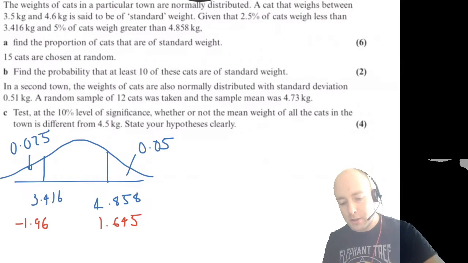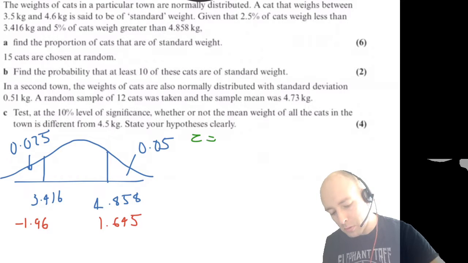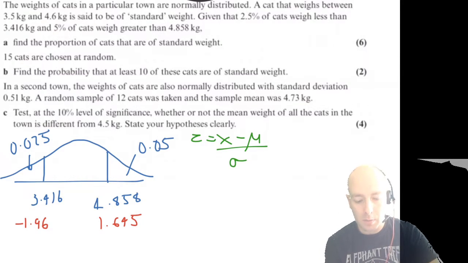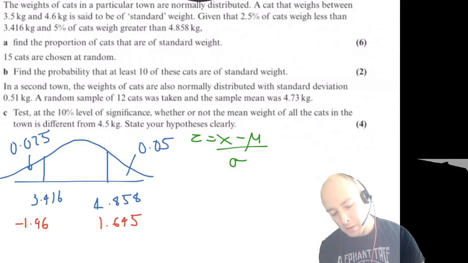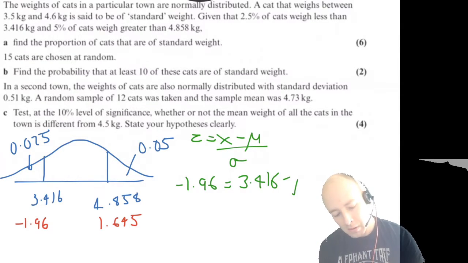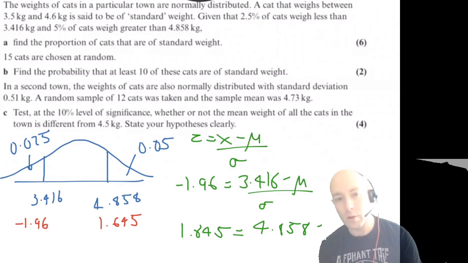We're going to use the equation Z equals X minus mu over sigma. And we're going to solve those simultaneously. So we're going to put the Z value in. Minus 1.96 equals the X value, 3.416 minus mu over sigma, and 1.645 equals 4.858 minus mu over sigma.